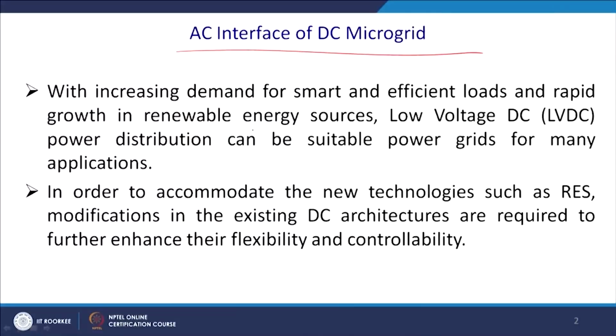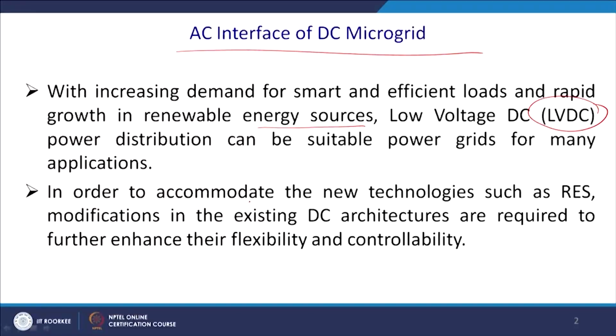With the increasing demand for smart and efficient loads and rapid growth in renewable energy sources, low voltage DC, that is LVDC, power distribution systems can be a suitable power grid for the many applications that we have discussed.